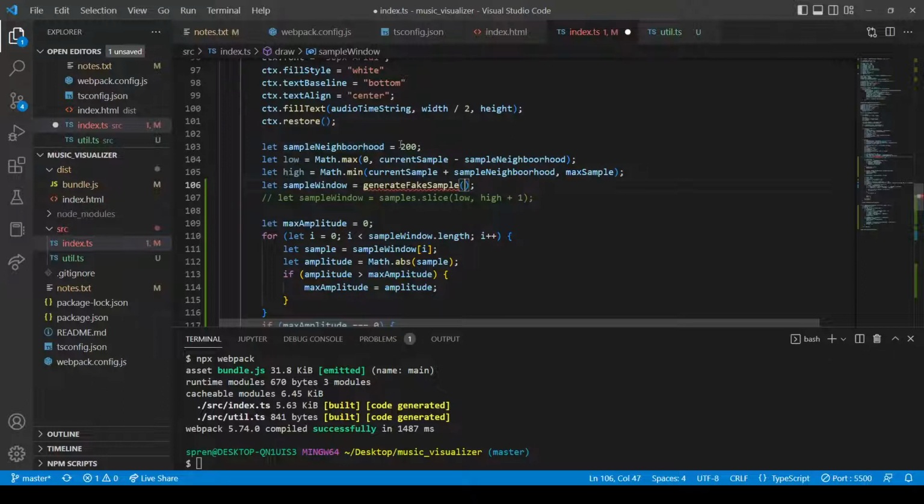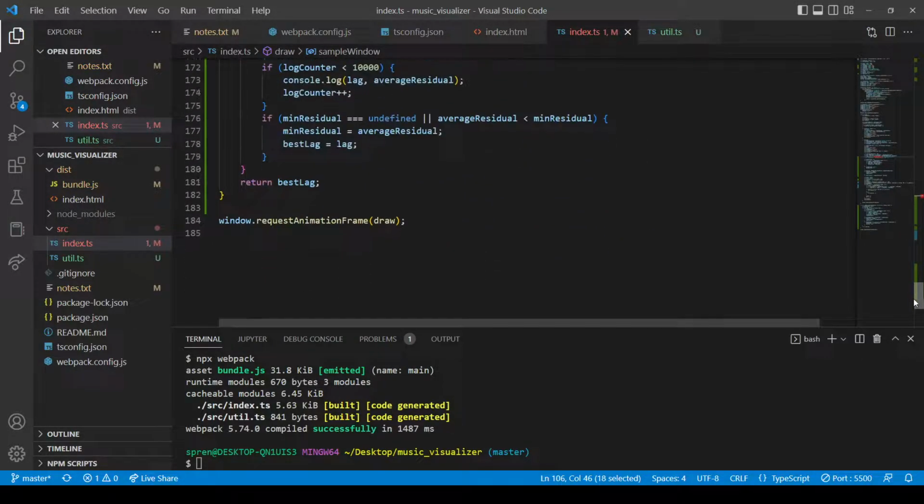And do that, and then come over here and write this function.